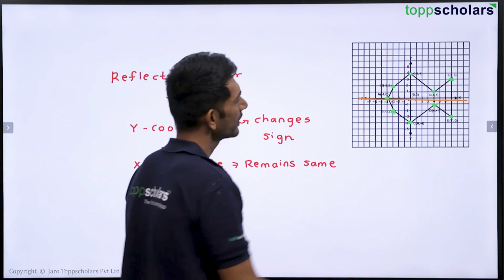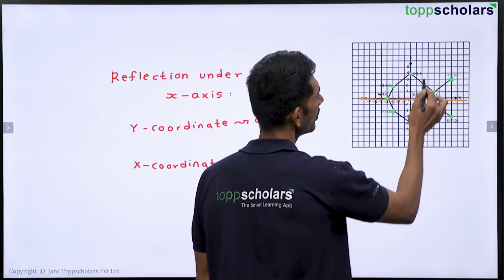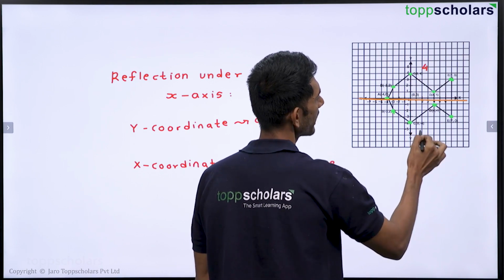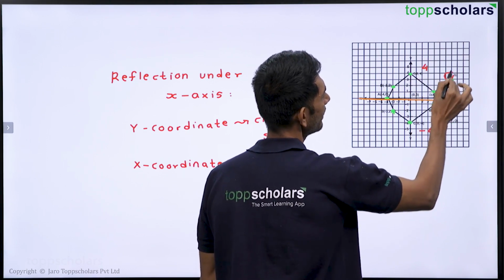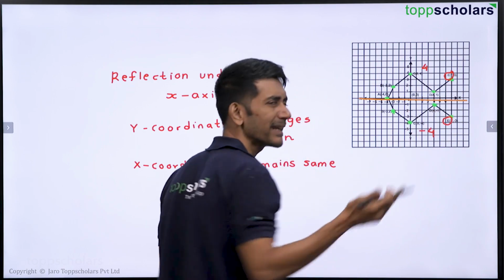So you can see x is 0, here 0. But if this is 4, this became minus 4. 7 remains 7, 3 becomes minus 3, and so on.